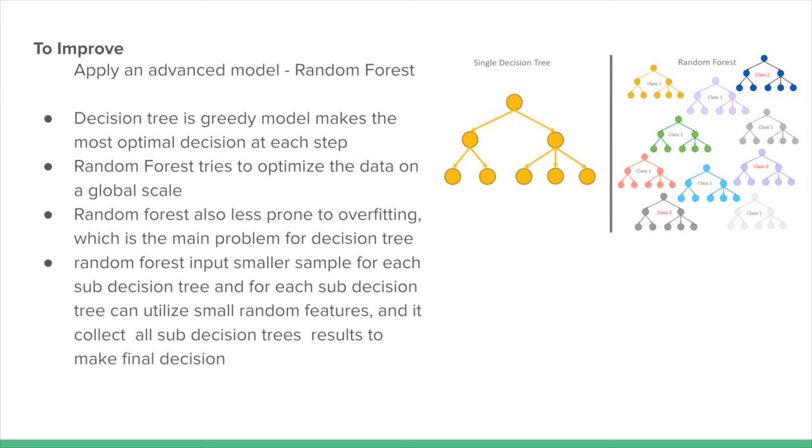But in the random forest, it can input a small sample to each subtree, and it only makes some small sub-random features. After each subtree makes a decision, the random forest will collect all the decisions and make the final result.